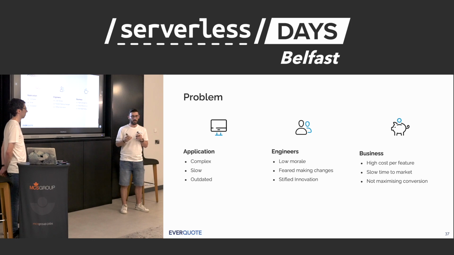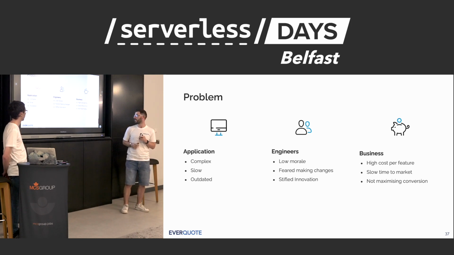Studies have shown that every 1 second of load time on your screen can cost up to 10% in conversion, especially on landing. We're going to show numbers almost pretty similar to that later. Spoiler alert.